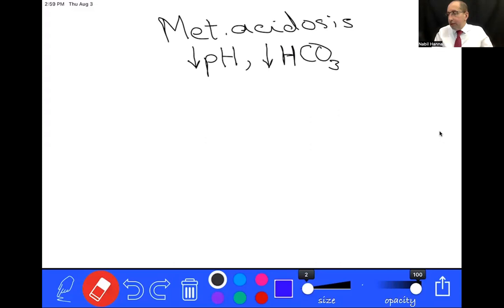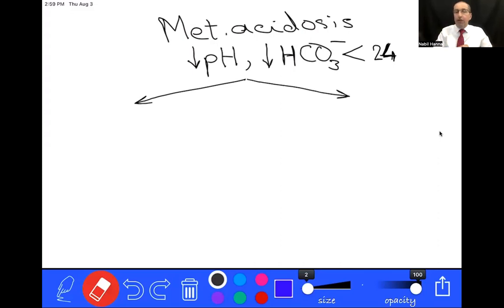Bicarbonate in metabolic acidosis is less than 24. And this causes the pH to become less than 7.4. Now, there are two ways to lower the bicarbonate content of the body. And therefore, there are two types of metabolic acidosis.